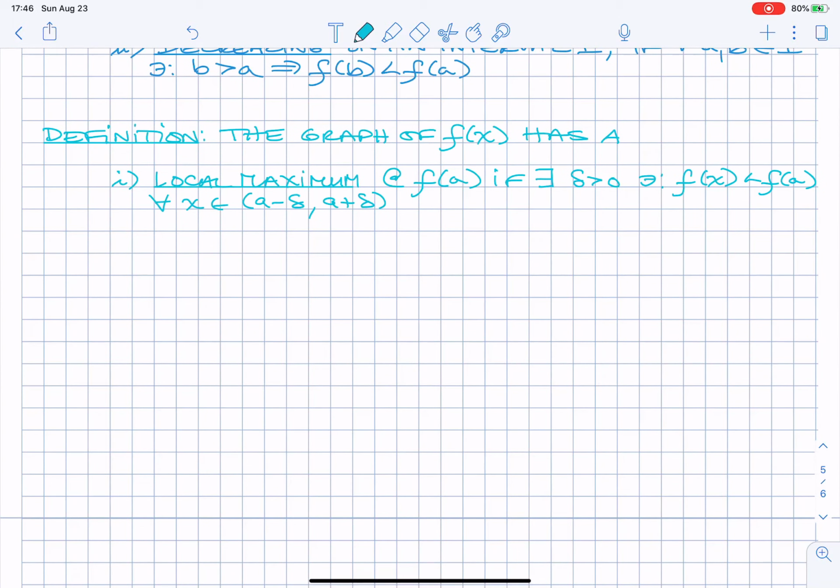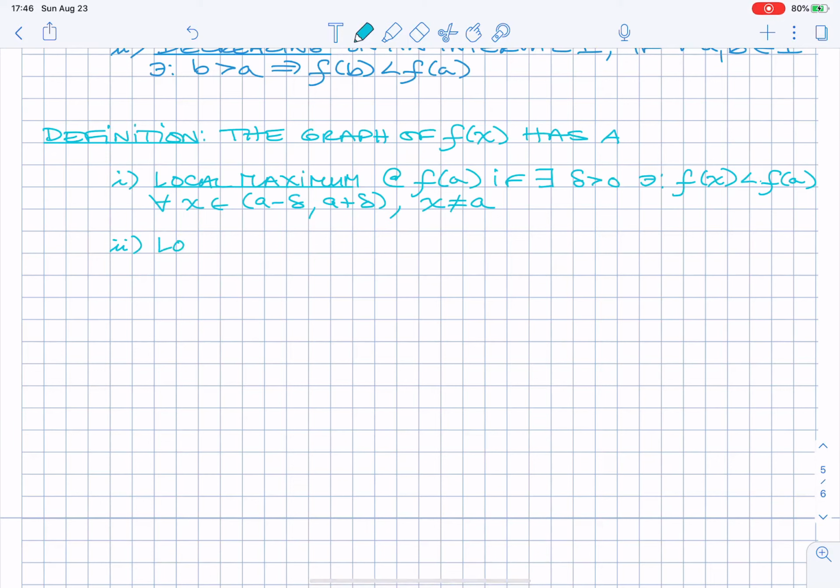So we have to indicate that. I guess it should be, so for all x not equal to a, then it's less than. That should be evident, but you get the idea.